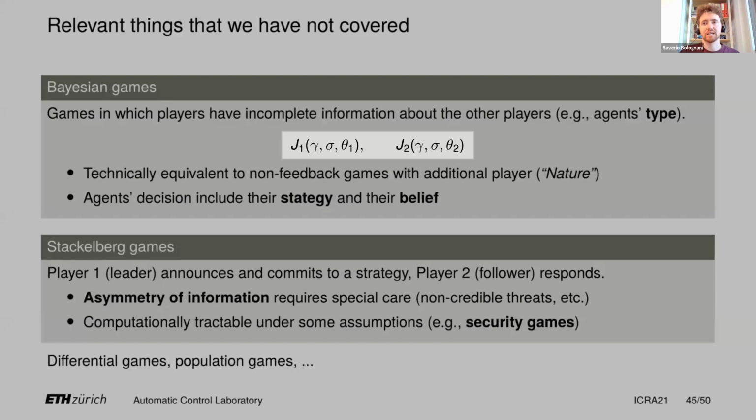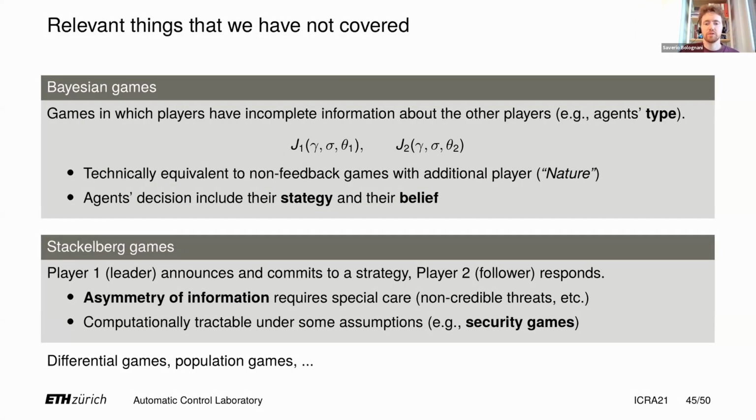So in this case, it's a game with partial information. Usually, from a technical point of view, you can convert these games into non-feedback games where there is an additional player, nature.